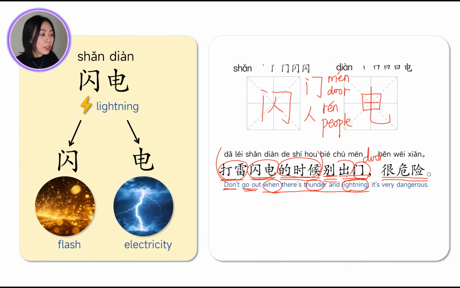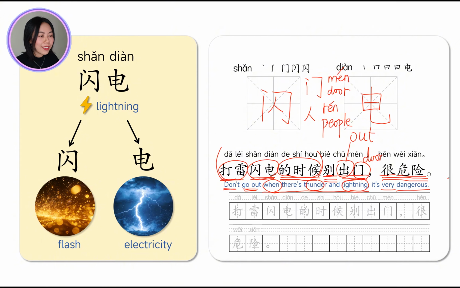Yes. And 出 means out. Out of the door, which means go out. 出门. So 别出门 don't go out. 很 very. 危险 dangerous. Okay?